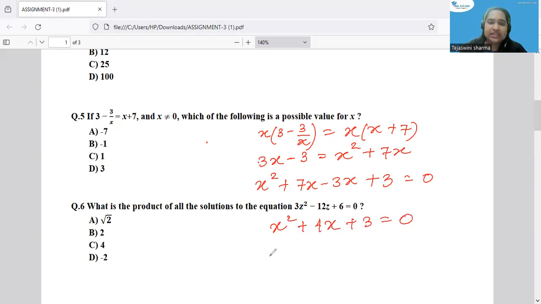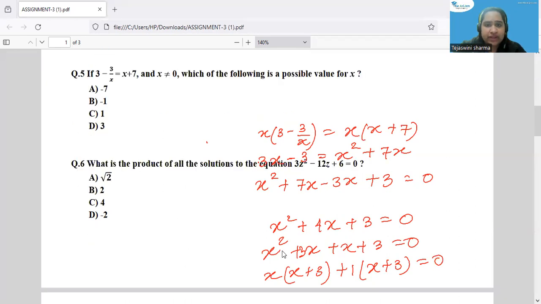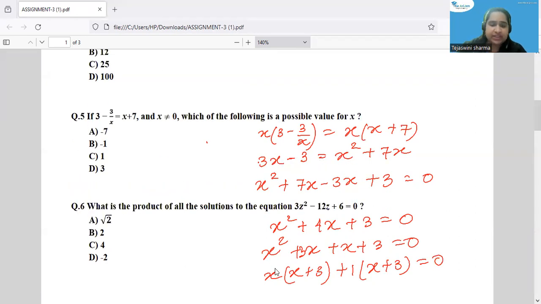Now again, you can factorize in such a way that when you take factors common, you will be left with x plus 3 here, and plus 1, and x plus 3 here also.